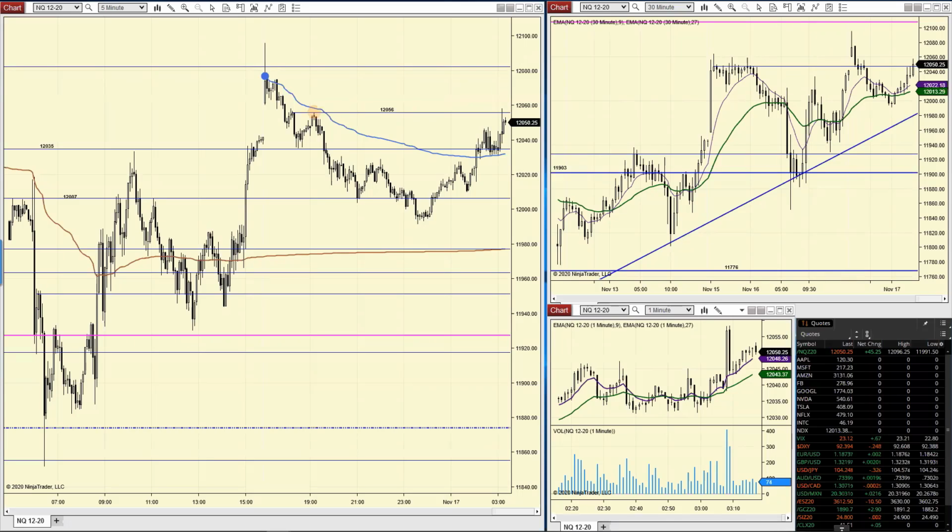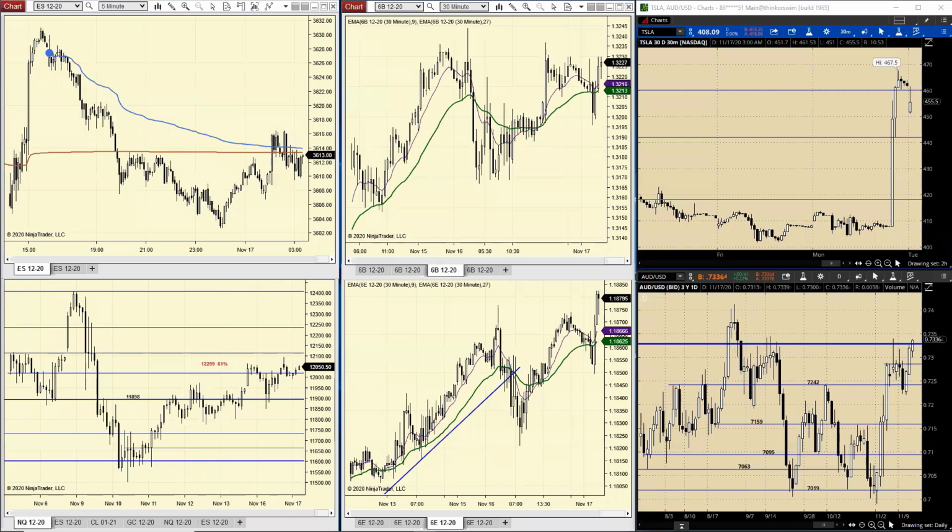So let's move into the analysis. See the NASDAQ, even after that dip, is kind of holding its own here. There we go.